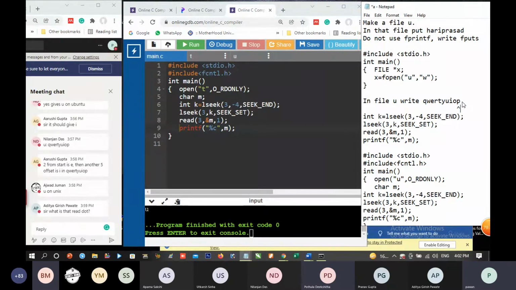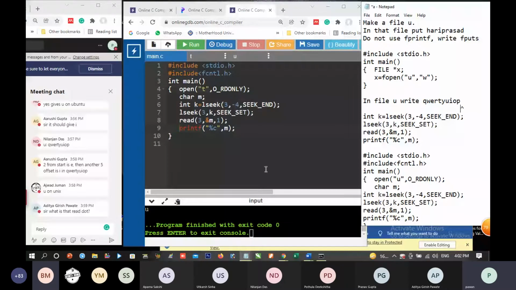This is not the last letter. The end is this. What is the problem? So the -4 position is U. -1 is P, -2 is this, -3 is this, -4 is this. Is it correct? So it will be going with respect to -4, with respect to the last letter.